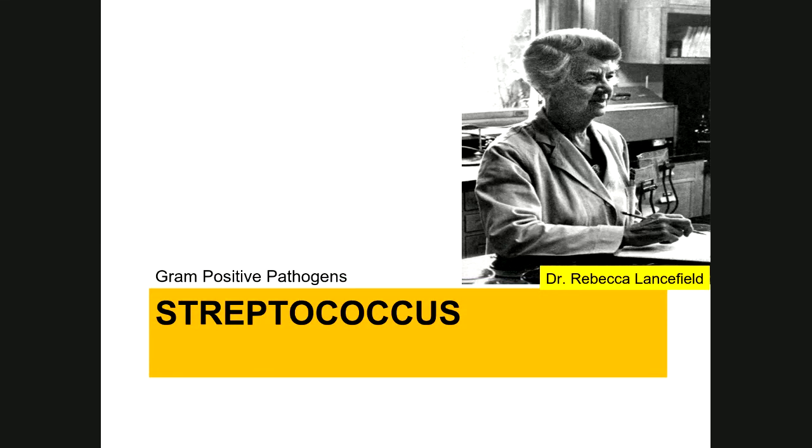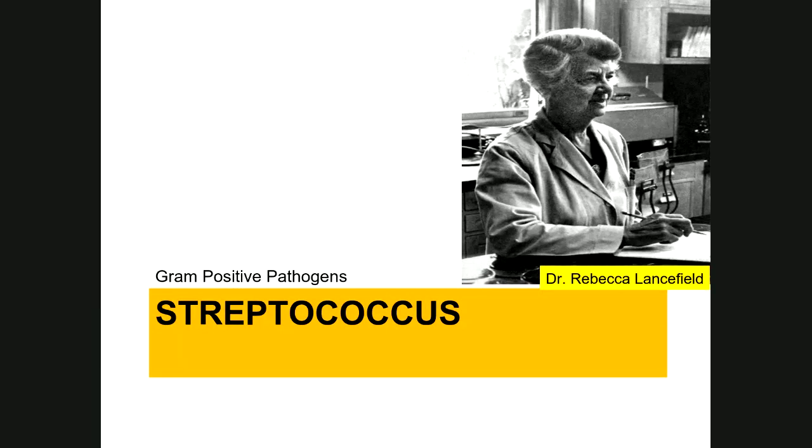Okay, and so we're going to move on to the Streptococcus. The Streptococcus were characterized and classified by a microbiologist called Dr. Rebecca Lancefield. In the 30s and 40s, she took upon herself the task of identifying and classifying Streptococcus.